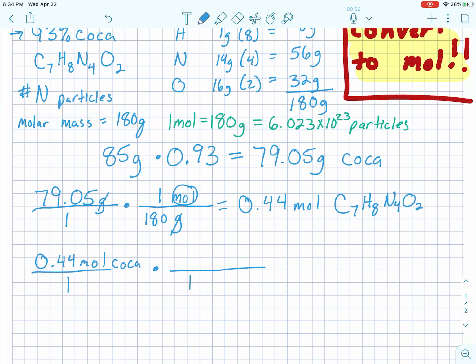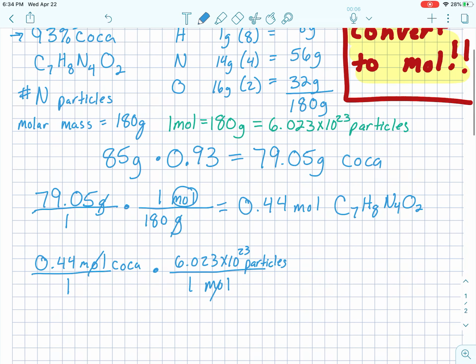And I know that 1 mole is equal to 6.023 times 10 to the 23rd particles. So this is going to let me cancel out my moles, and it will leave me with the particles of coca, okay?